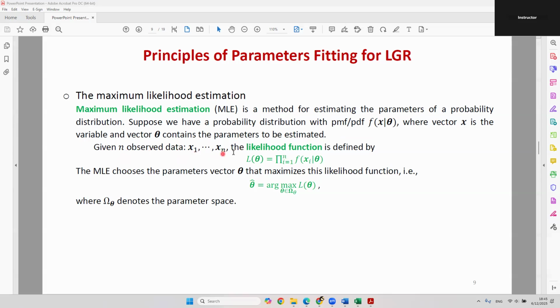For n observed data, the likelihood function is defined this way, which is nothing but a multiplication of the PMF or PDF of all these n observed training data. Then MLE chooses the parameter vector theta by maximizing this likelihood.